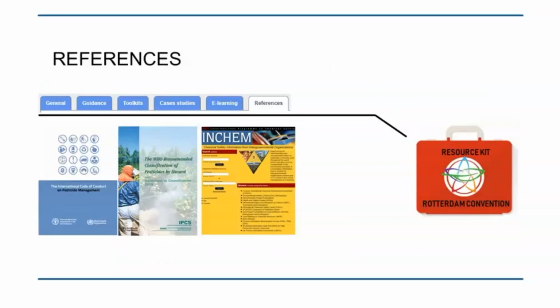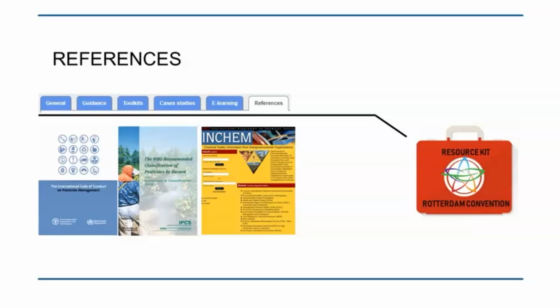And then after that, we do have references, authoritative sources where most of the information, or some of the information, can be obtained. We also have the International Code of Conduct on Pesticide Management, which I think the current edition is the 5th or 6th? Mario, you can remind us.